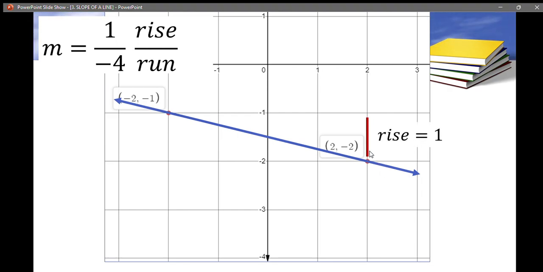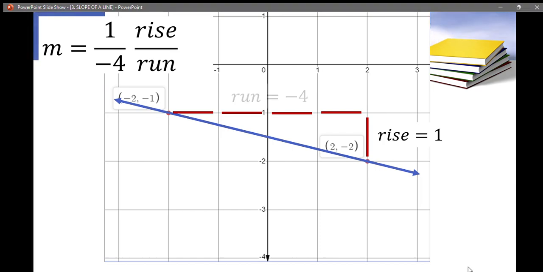Now, from where we stopped, let us count 4 units to the left since we have a negative 4 value for the run. 1, 2, 3, and 4. So we stop at our second point, and that is our run. That's how we illustrate the slope of a line in a graph.